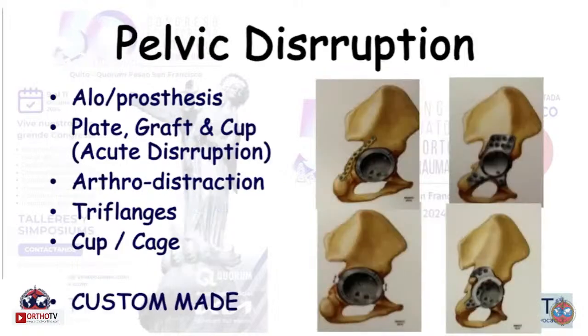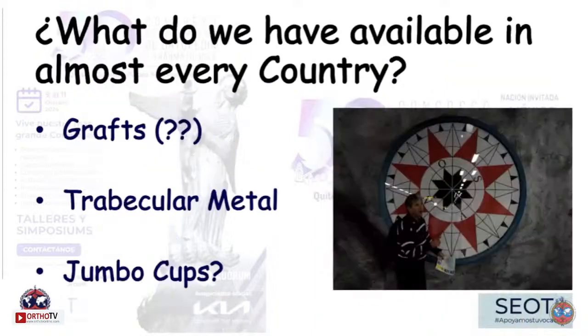In these cases, 3A and 3B, the custom-made implants are a good option. And in pelvic discontinuities, even with alloprostheses, which we are not using anymore, plate, graft, and cups used for acute disruptions, arthro-distraction, triflange, and cup cage, as our previous speakers have talked about, we can use the custom-made as a good solution.